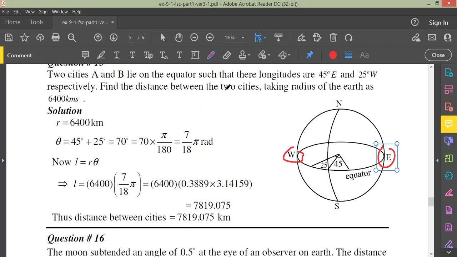Find the distance between the two cities taking the radius of Earth as 6400 kilometers.